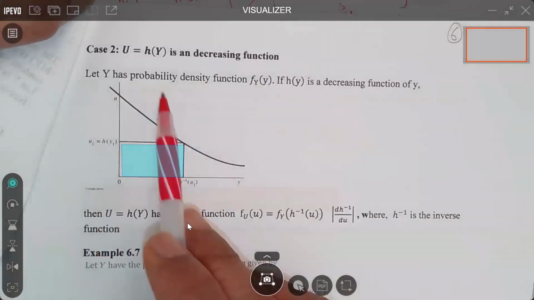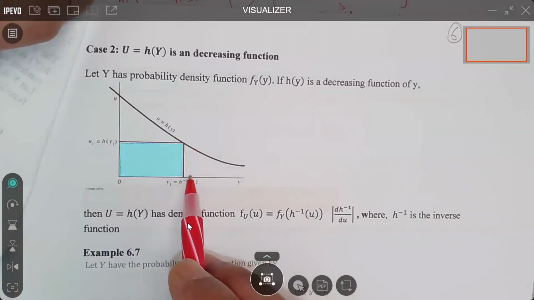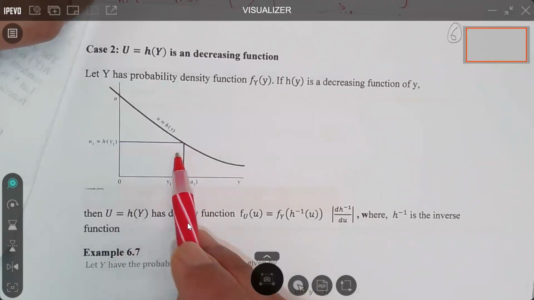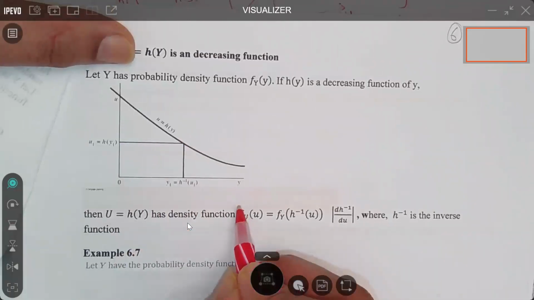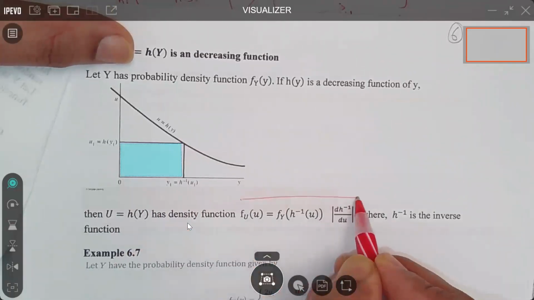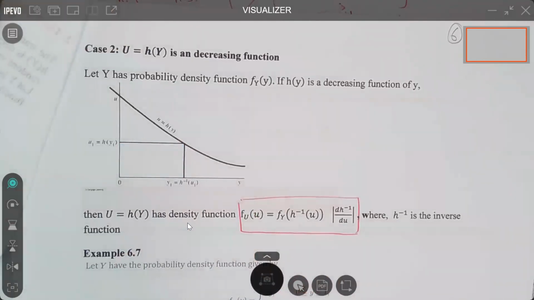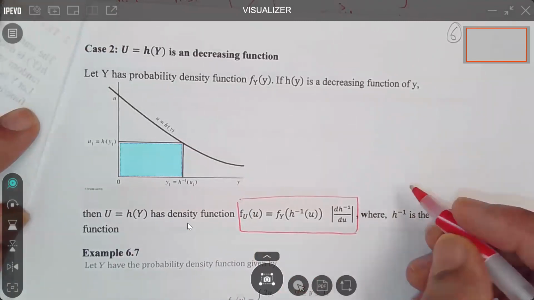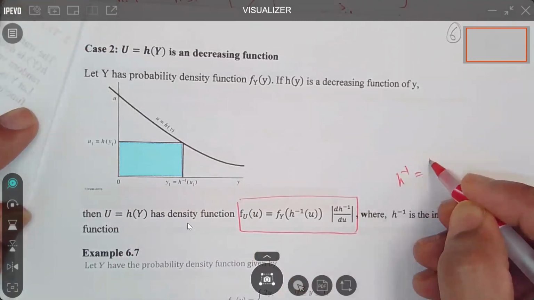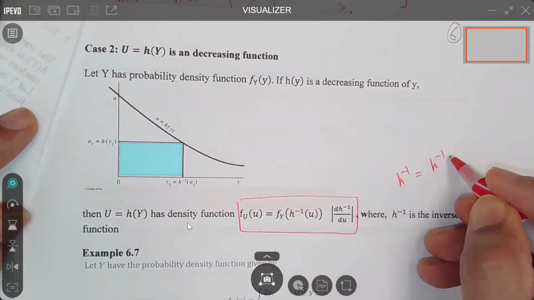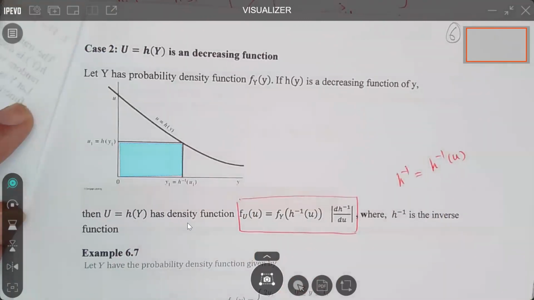So this is case two, that's what they are doing here. This is the decreasing function, and this is what they want to prove here. This F inverse here is short form.